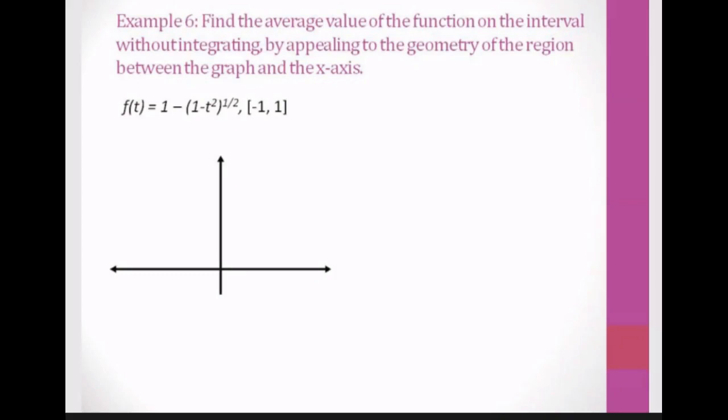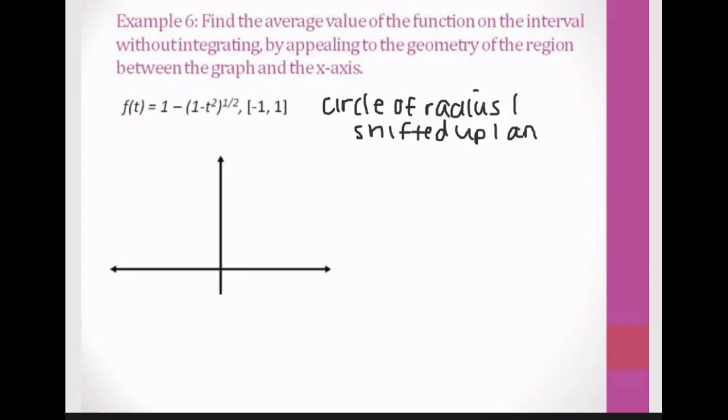So for this example, you have to take into account that this represents a circle of radius 1, shifted up 1, and reflected. So that means that its vertex of the circle is at the origin at -1 and +1.